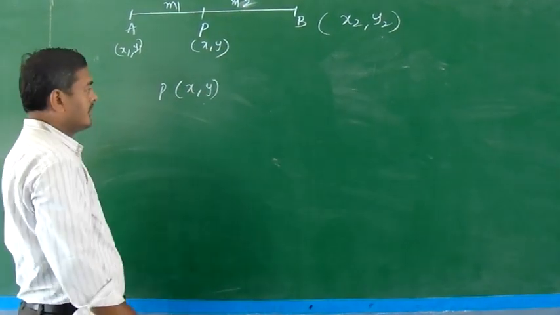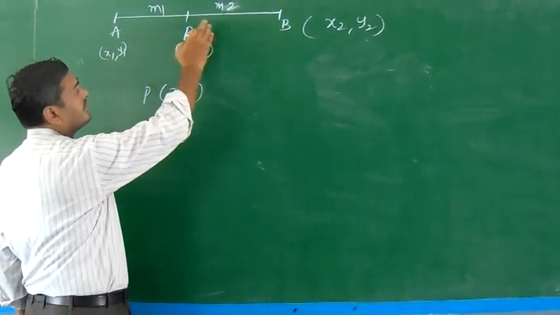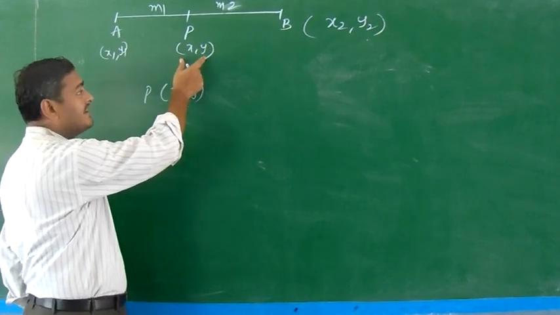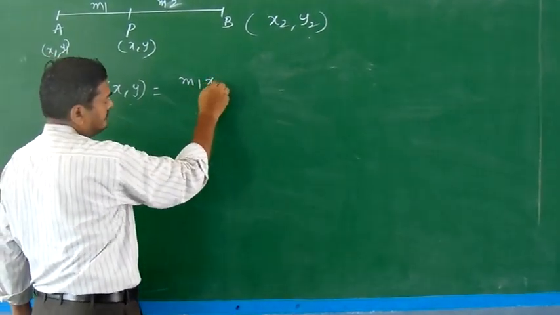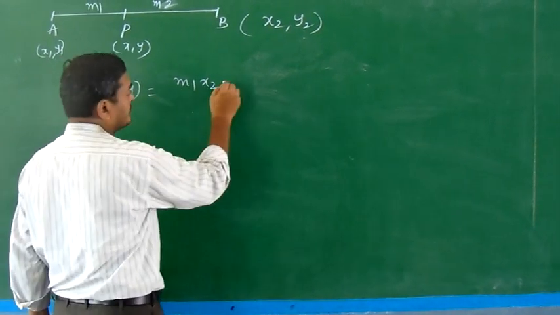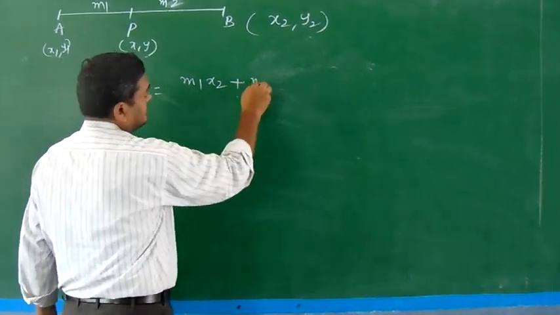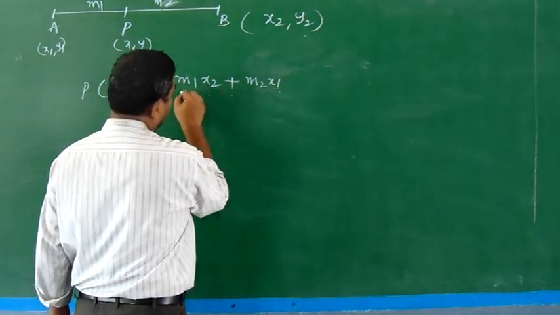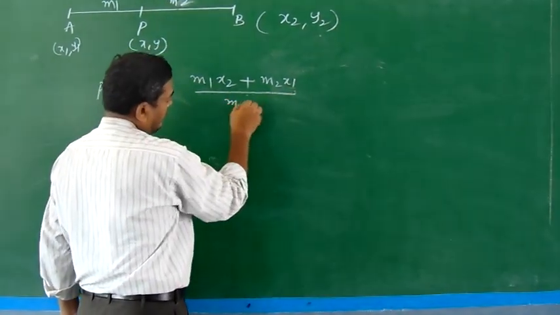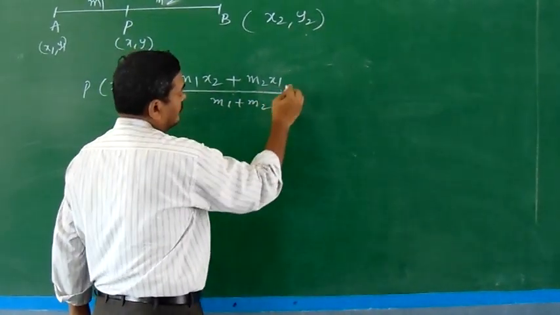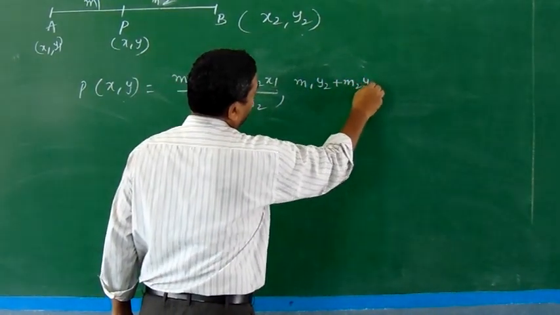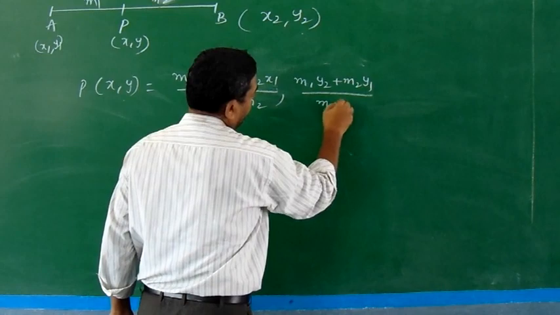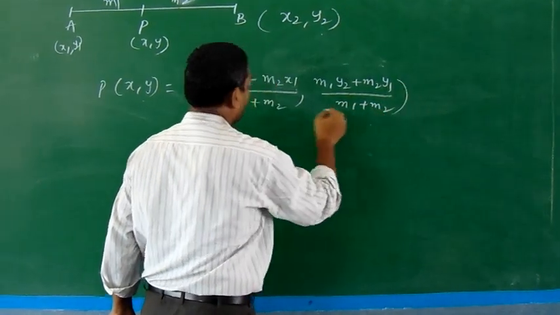Now the point P(x, y) dividing in the ratio m1 is to m2 equals (m1 x2 plus m2 x1) by (m1 plus m2), (m1 y2 plus m2 y1) by (m1 plus m2).